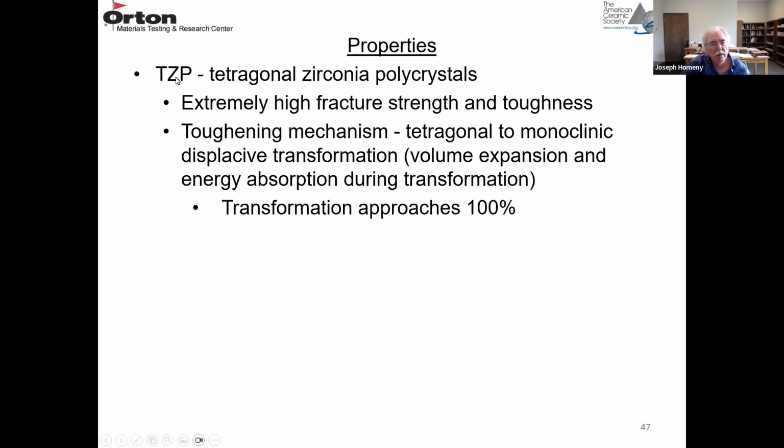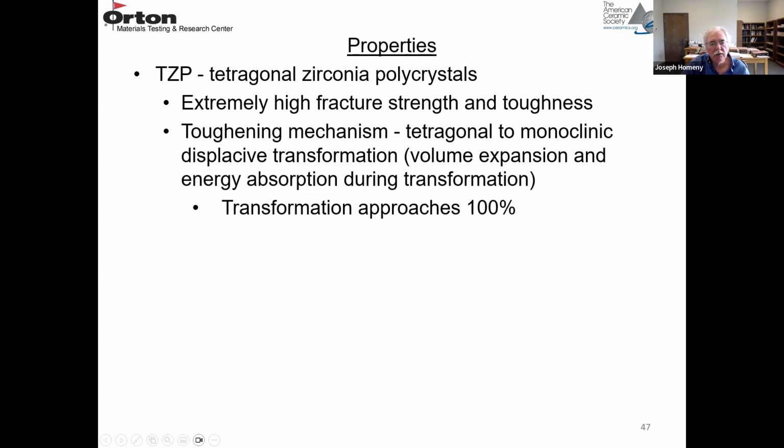So this TZP, the tetragonal zirconia polycrystals, have high fracture strength and high fracture toughness. Again, the toughening mechanism in the frontal process zone is the displacive transformation from tetragonal to monoclinic.